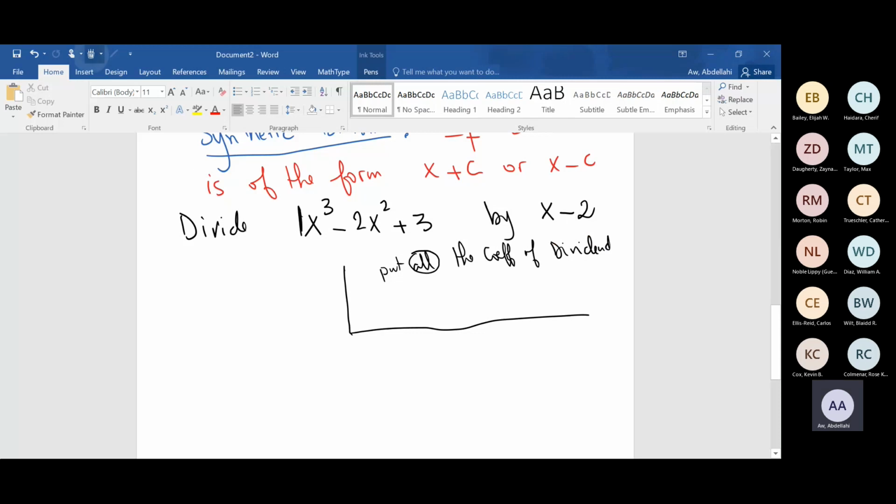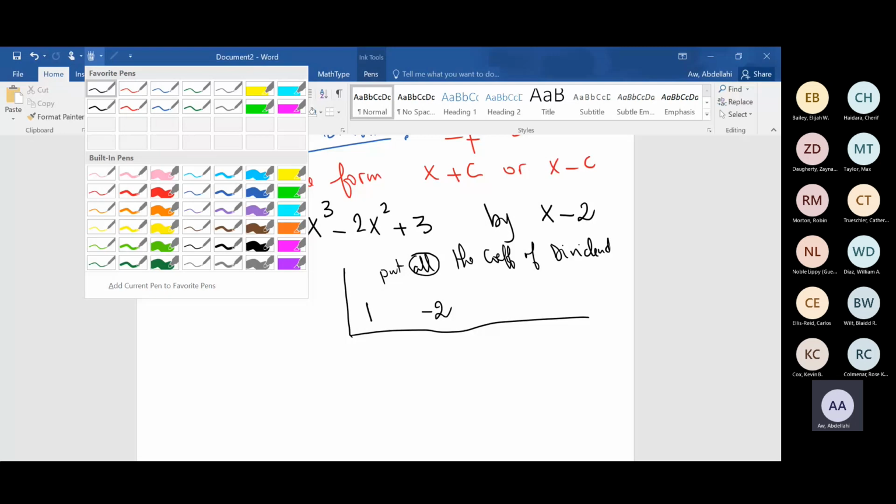So what are the coefficients? Tell me, what are they? What is the first coefficient you see? 1. What is the next one? Negative 2, right? What should be the next one? 0. Exactly, thank you very much. The 0 is for the missing x, because that power of x is missing, so I'm going to put 0.